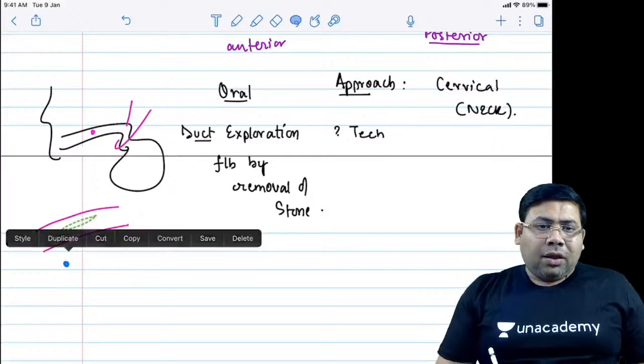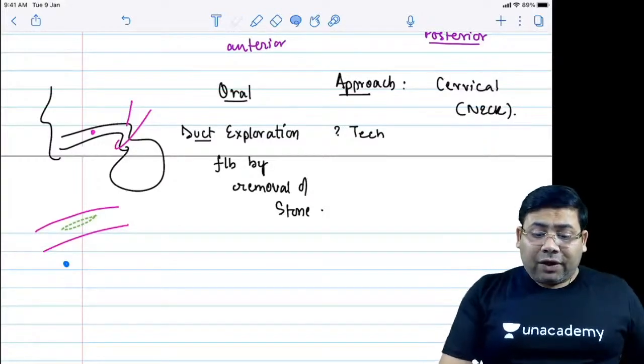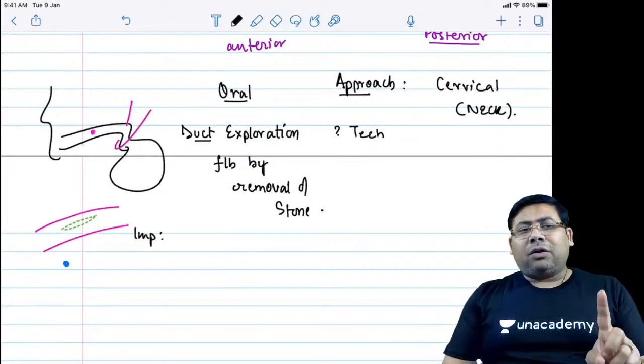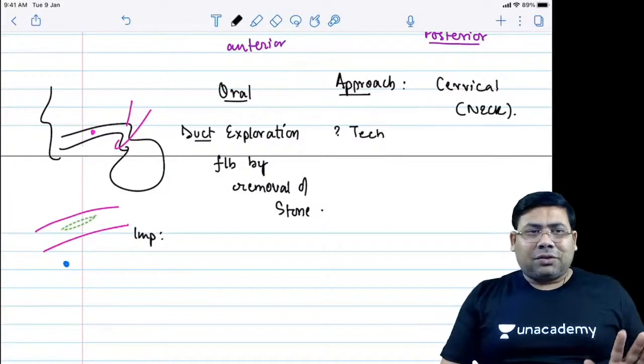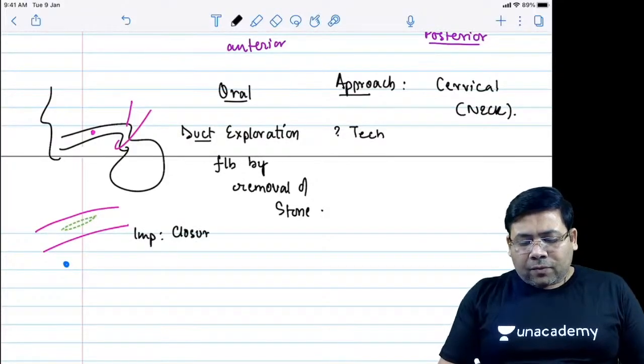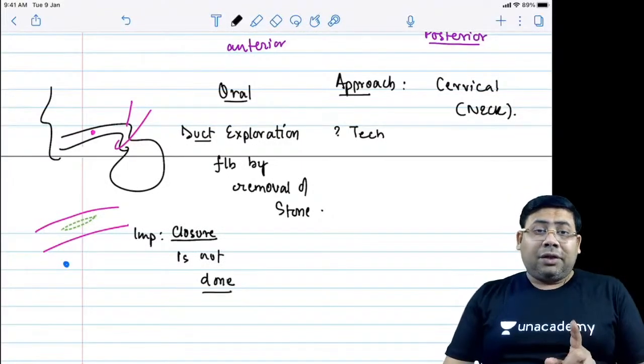Now, what is not done? What is very, very important is that closure of the duct is not done. Why? If you close it, there will be stenosis. These are narrow structures, narrow pipes. So closure is not done. Are you getting this? The closure is not done.